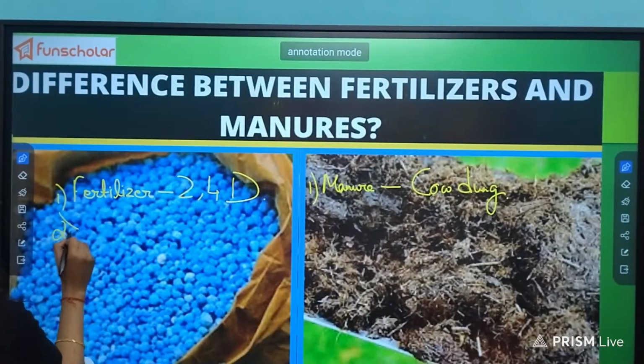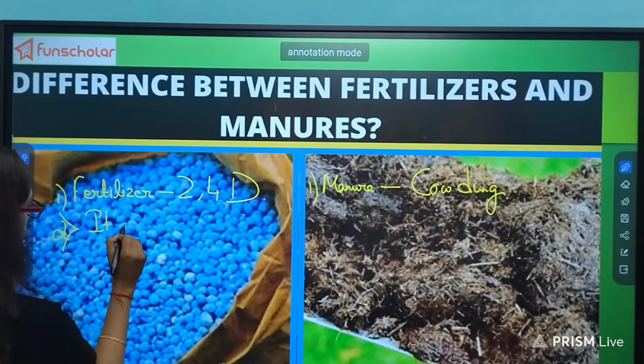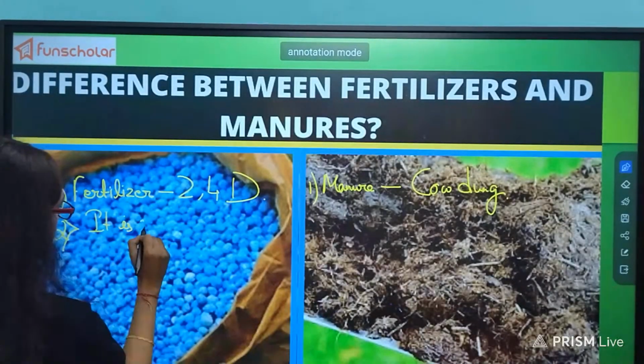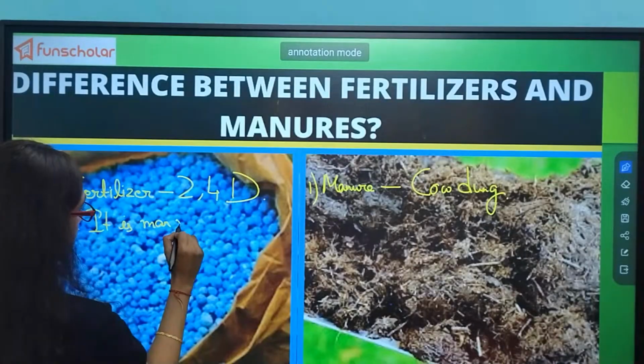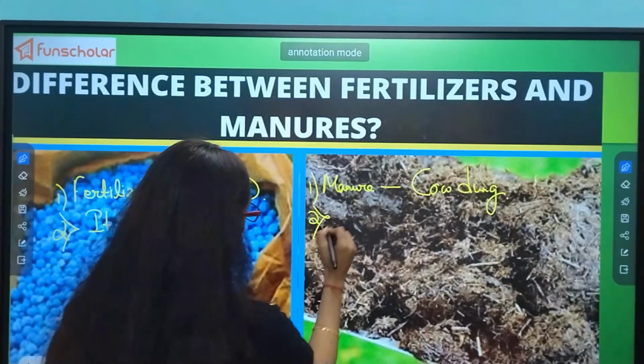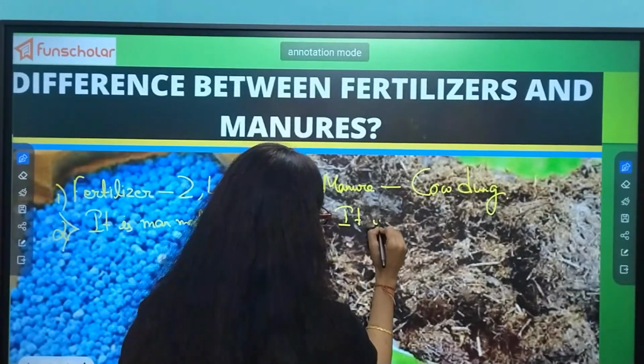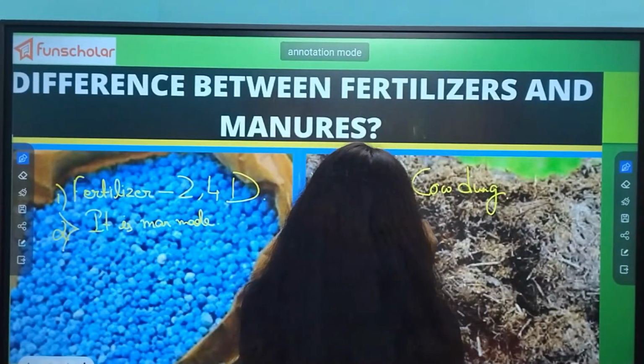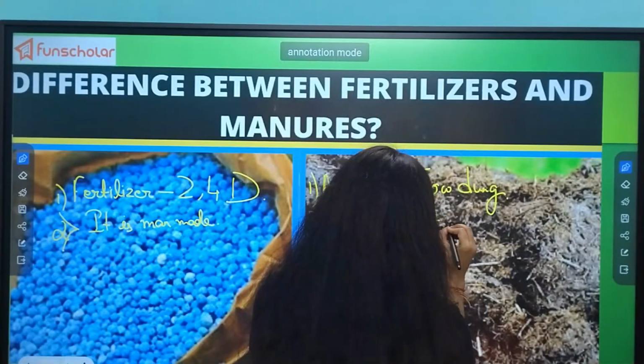Second, fertilizer is man-made. Manure is natural.